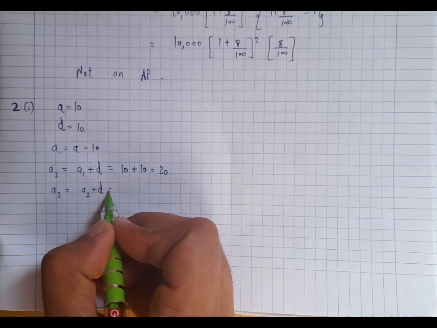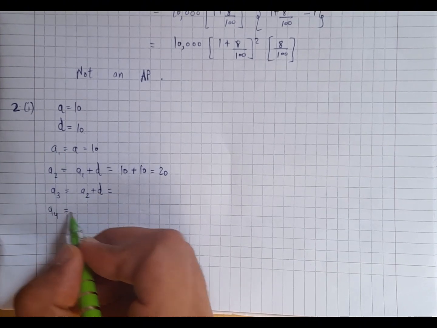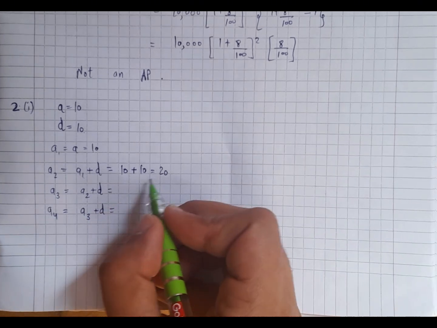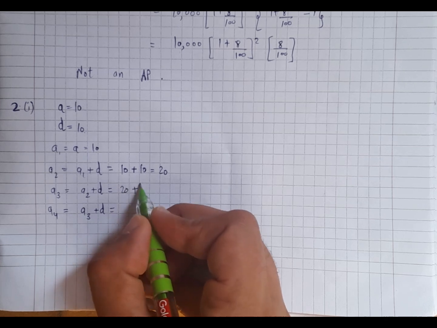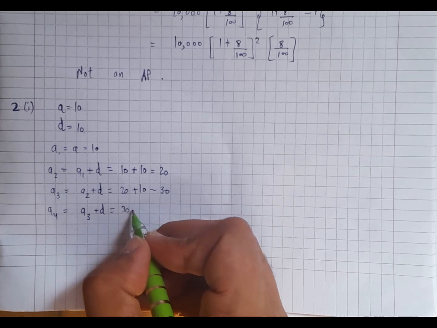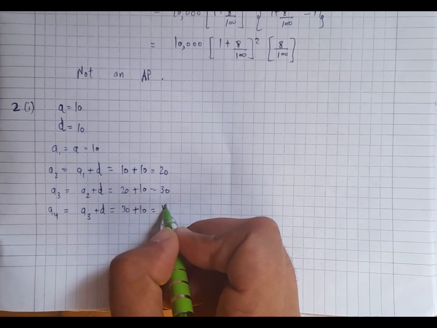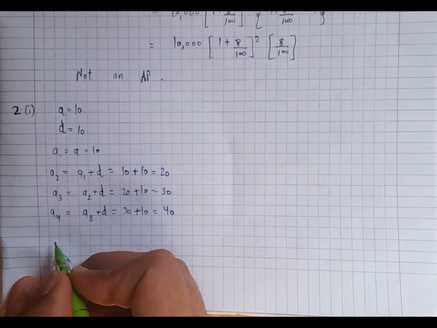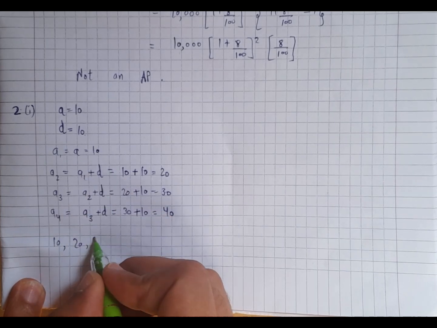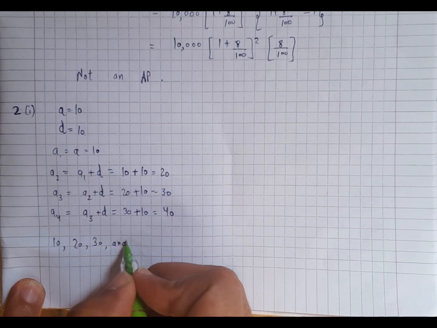Similarly, the fourth one is also obtained by adding the difference D to the third term. So the third term equals the second term plus the difference, which is 30. The fourth term equals the third term plus the difference, which is 40. So the first four terms of the given AP are 10, 20, 30 and 40.